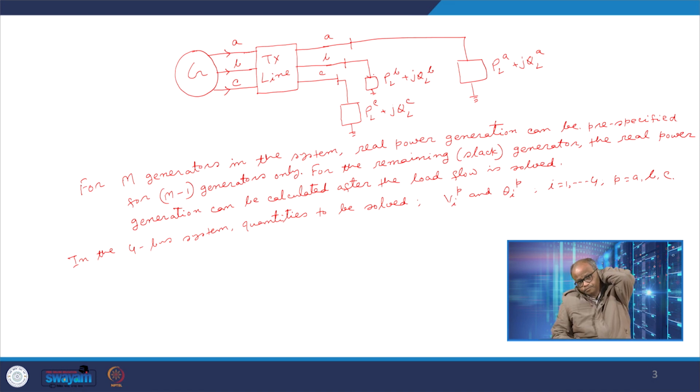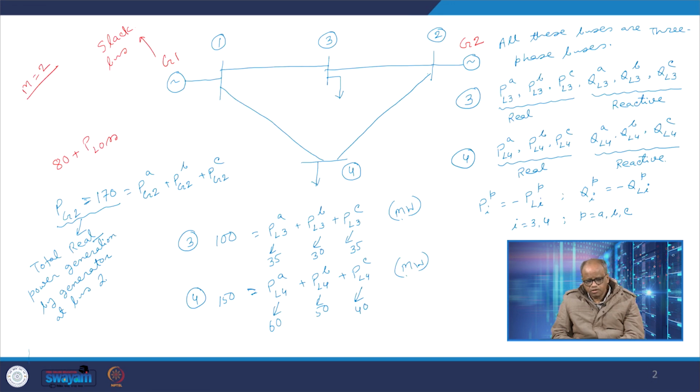Now if we recall our single phase load flow, we used to say that out of these 2 generators, except for the slack generator, for all the other generators the bus voltage magnitude is known, and also for the slack generator the bus voltage magnitude is known.